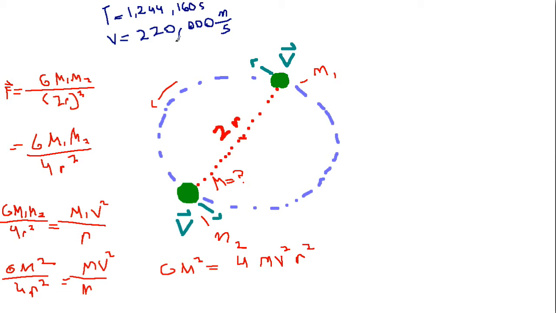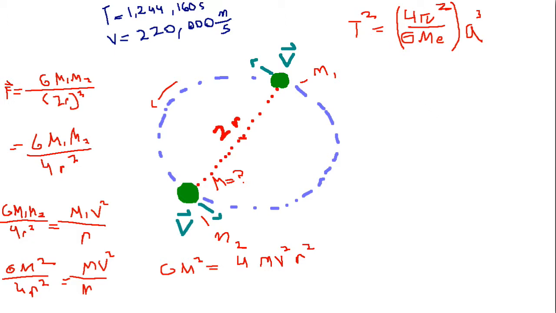Well, since it's giving you the period, we could apply Kepler's third law, which is T squared equal to 4 pi squared over G M times a cubed.